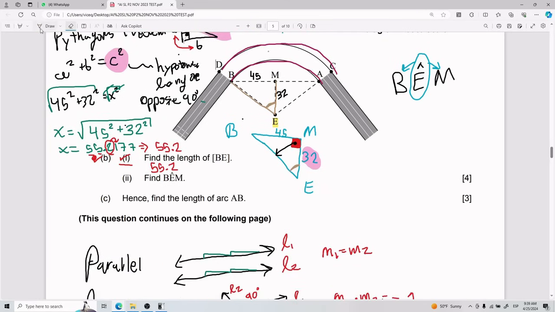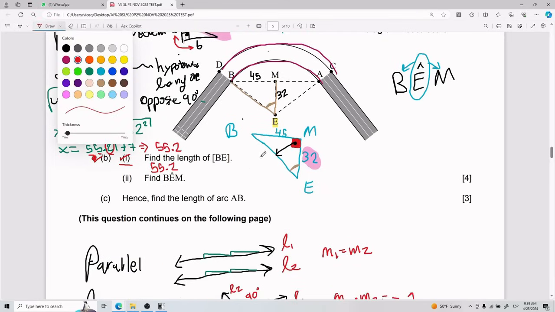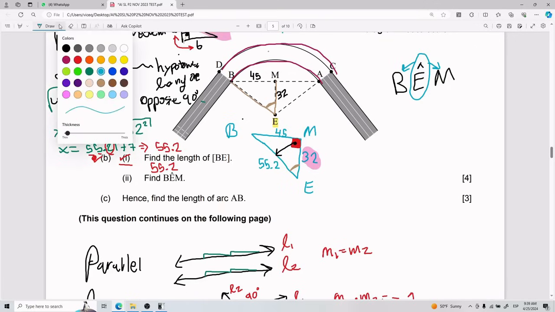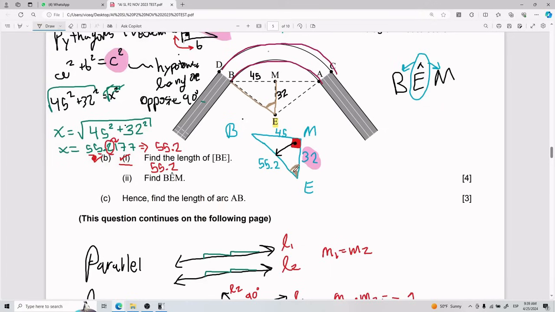You know that this is 55.2, right? And you need to find angle BEM, which is the one I put in coffee color, brown, whatever. So this is what we're trying to find for part B(ii), for BEM, see?